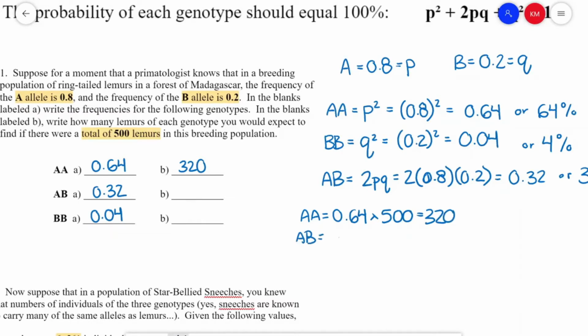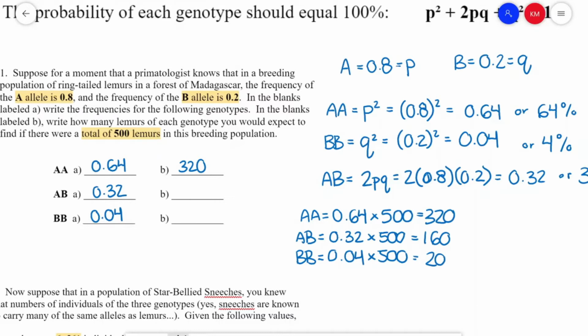AB, 0.32, so it's 32% of the population of 500. If you do that in your calculator, you should get 160. And then the last one, same thing, 0.04 times 500 is 20.